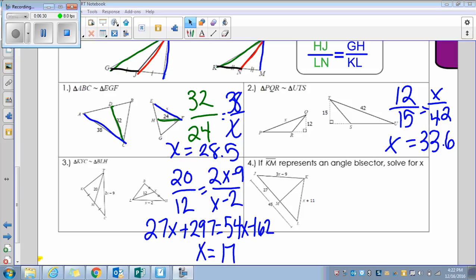So I just wanted to go through number 4 really quick. Notice that it says KM is a bisector, so that's good to know. My triangles should be similar at this point.